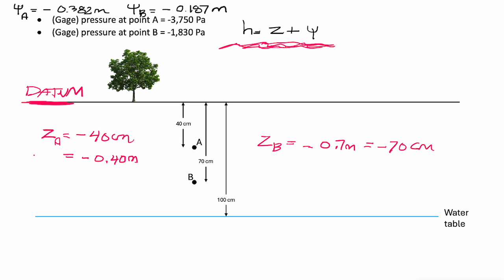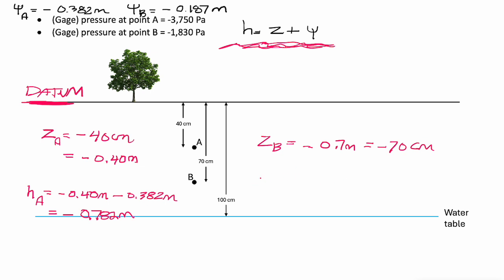Okay, so now I'm in position to calculate the head at A. The head at A will equal the elevation head at A, which was negative 0.40 meters, minus 0.382 meters. And so my head at A with the surface as datum will be negative 0.782 meters.